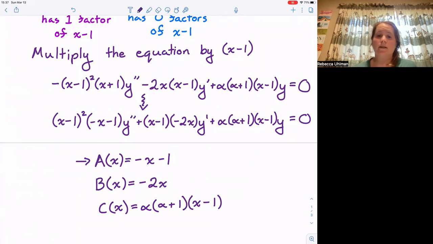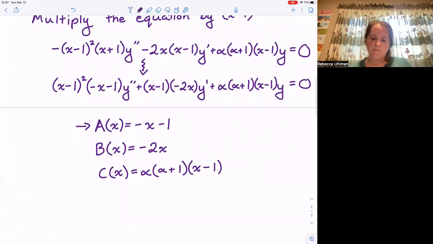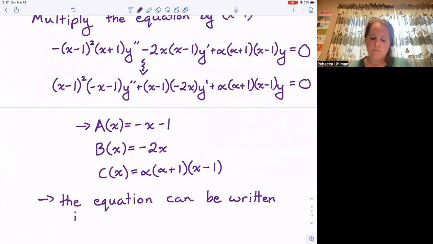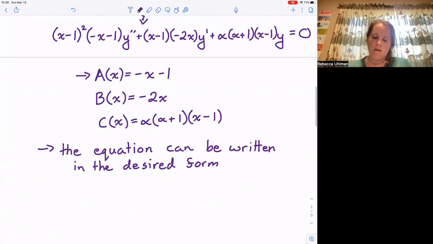So we do have, in this case, our equation written in the desired form, and x naught equals 1 is a regular singular point.